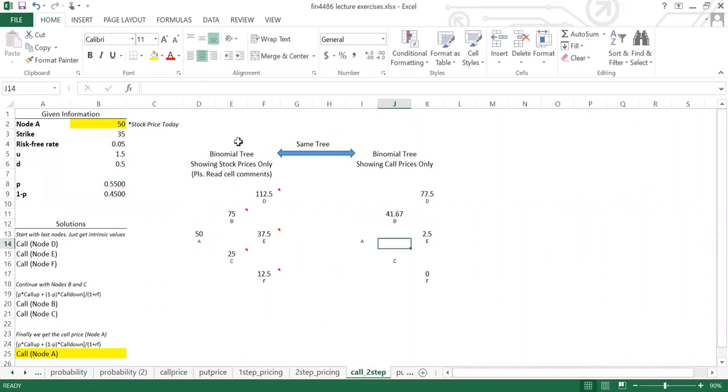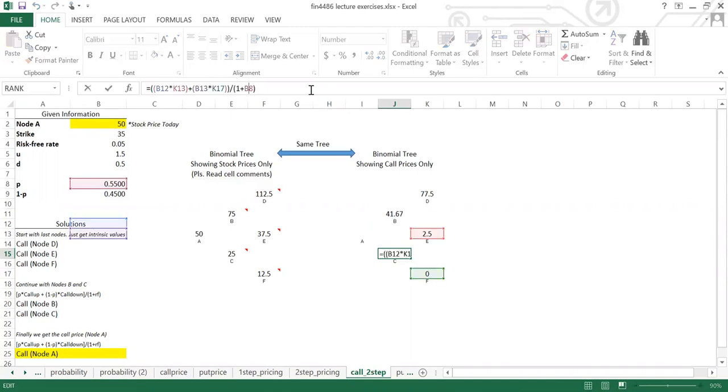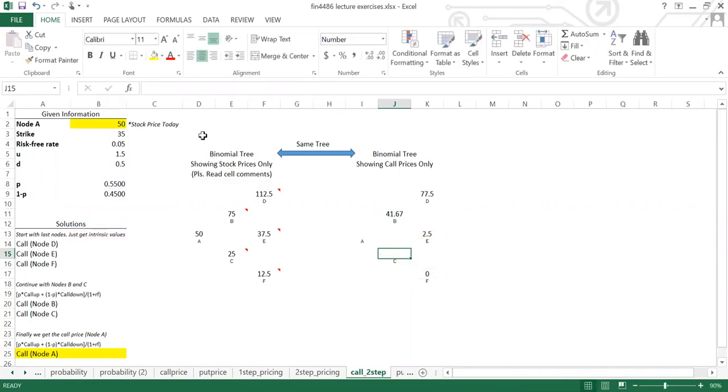Now we have node B. And interestingly, if you're using Excel, you could simply do Control C, copy, and then Control V here. And you would very likely get these results, except that we need to lock the cells before we can do this.